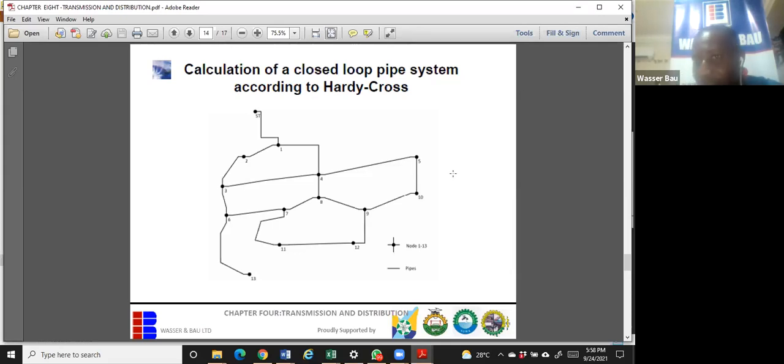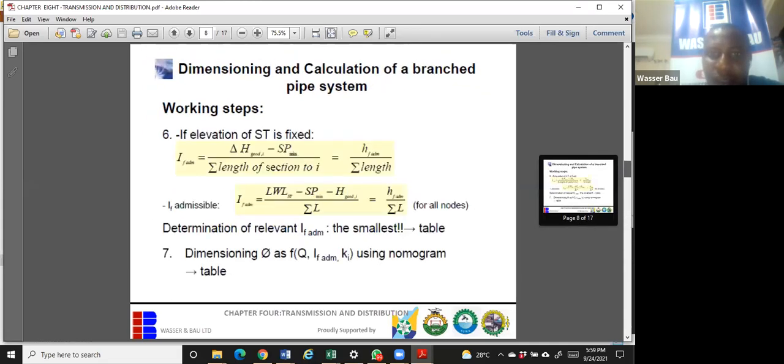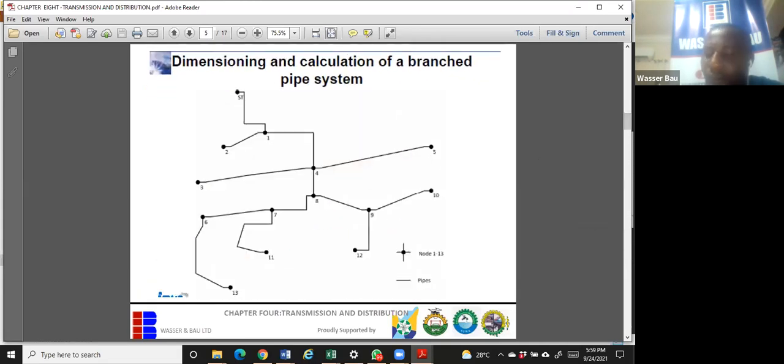Now it seems complex. If you introduce a valve between 5 and 10, introduce a valve between 2 and 3, and introduce a valve between 3 and 6, you're going to get this, which is a branch system.